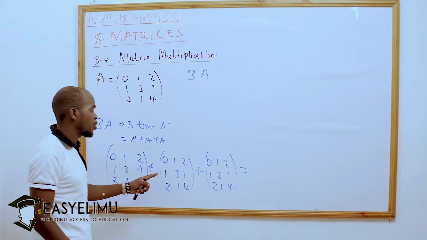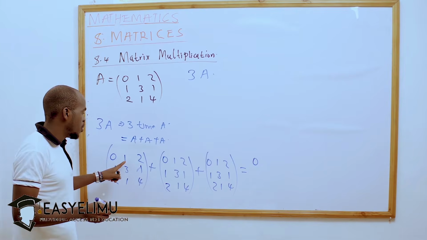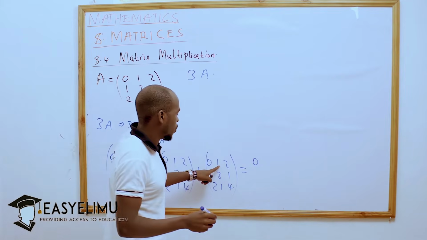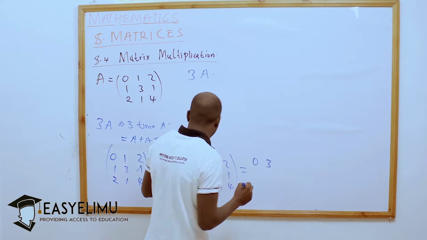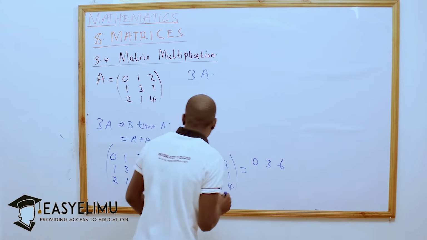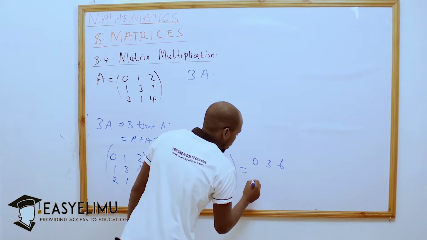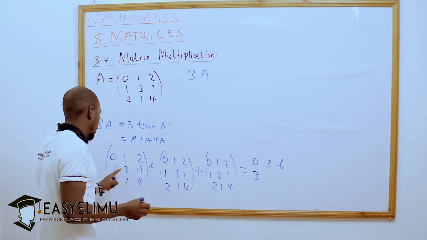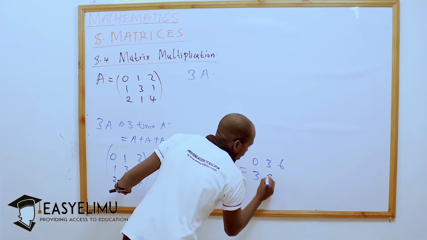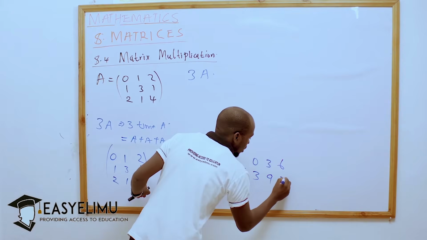If we sum up, you will find the first element gives 0. The next one will be 1 plus 1 plus 1, 3. 2 plus 2 plus 2, you're going to get 6. 1 plus 1 plus 1, you'll get 3. This one will give you 9. Here, 1 plus 1 plus 1, you will get 3.